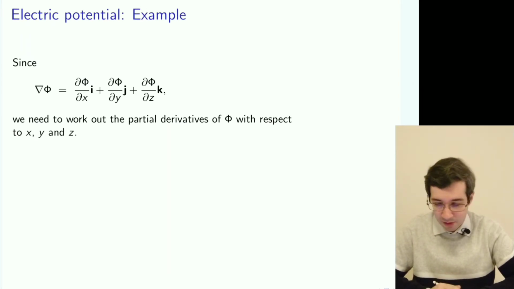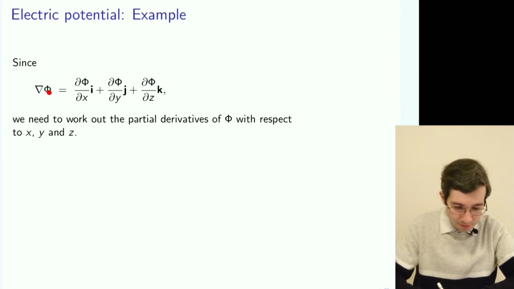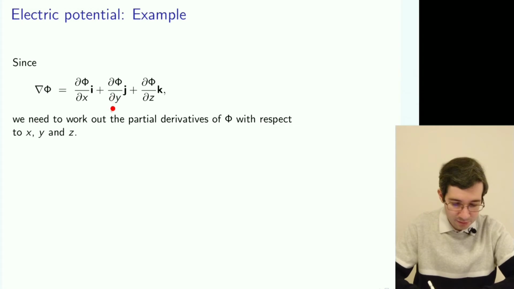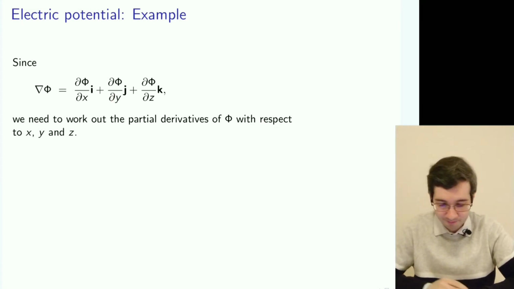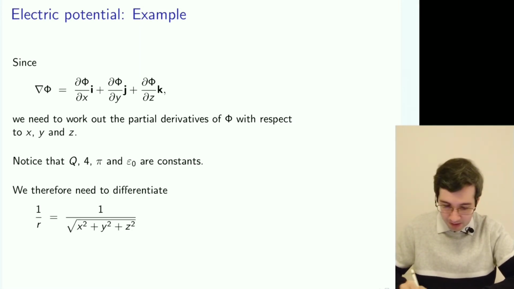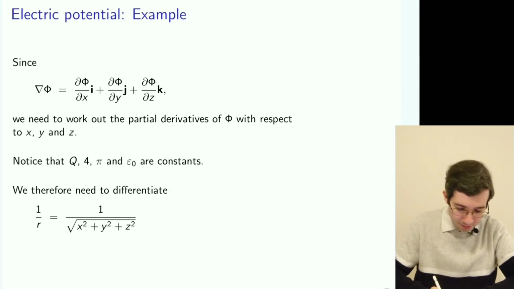By definition, the gradient of any scalar field, including the potential, is just a set of its partial derivatives multiplied by the unit directions. And we can ignore all these constants for the time being and just compute a partial derivative of that function 1 over r, which depends on x, y, and z.